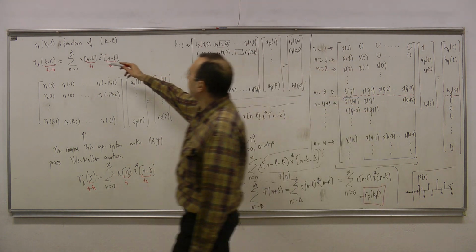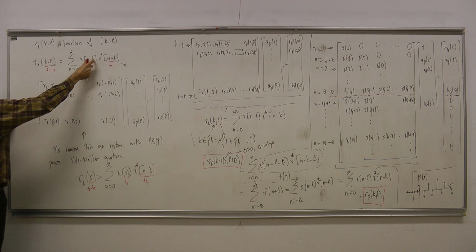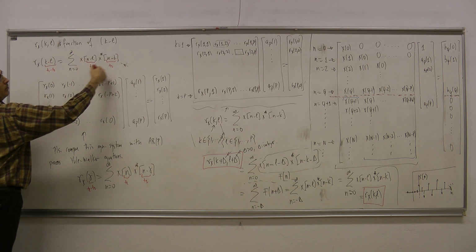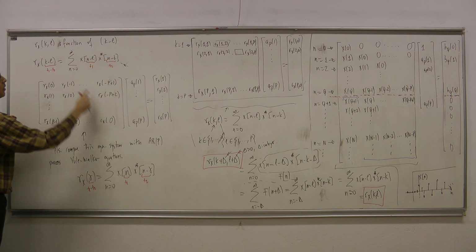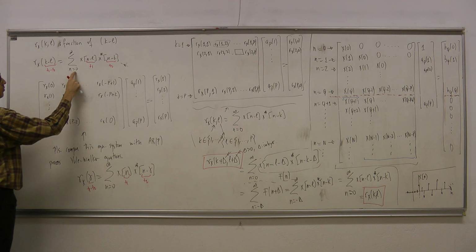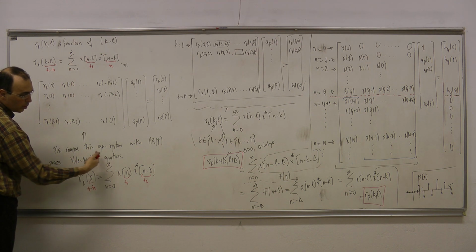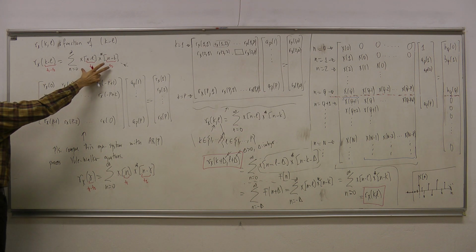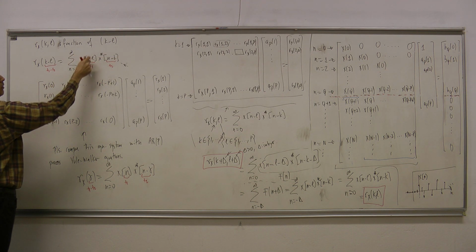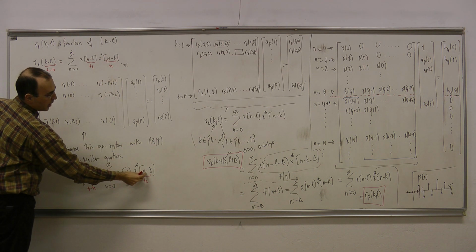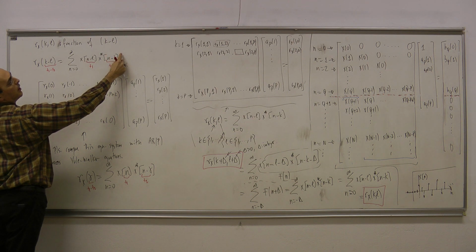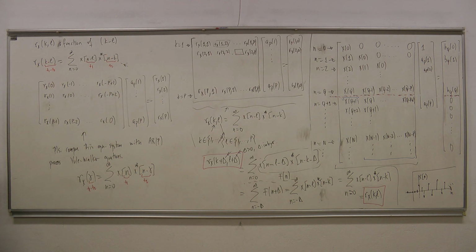So how do I get this one from this one? Again, increment the argument of this sum by L, then this becomes this. Decrement by minus L, but all of these minus L indices are equal to 0. You can get this immediately. Increment the argument of this summation by L, meaning that instead of n, I'm writing n plus L. Then this becomes n plus L minus L, n, and this is n plus L minus k. So I get this again.